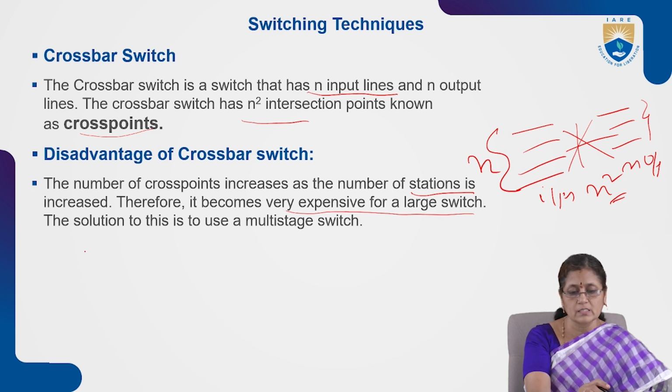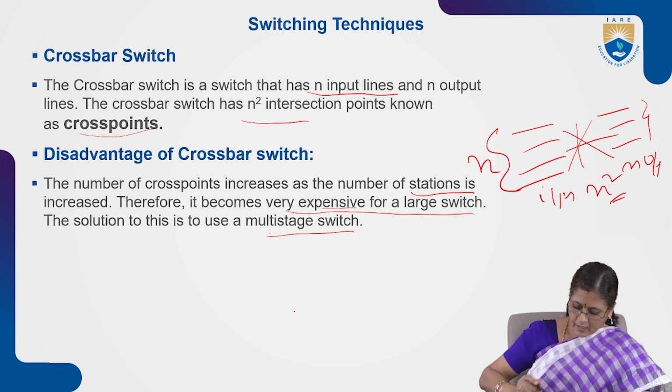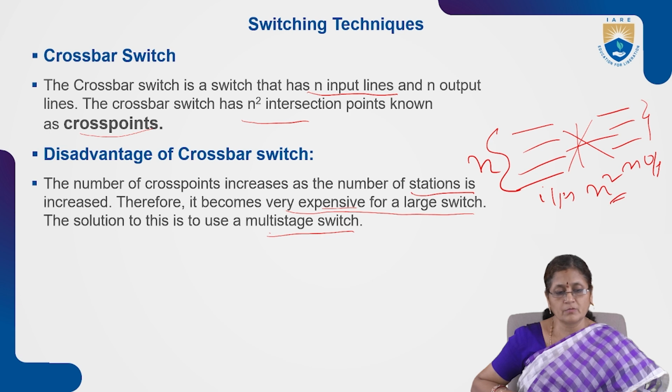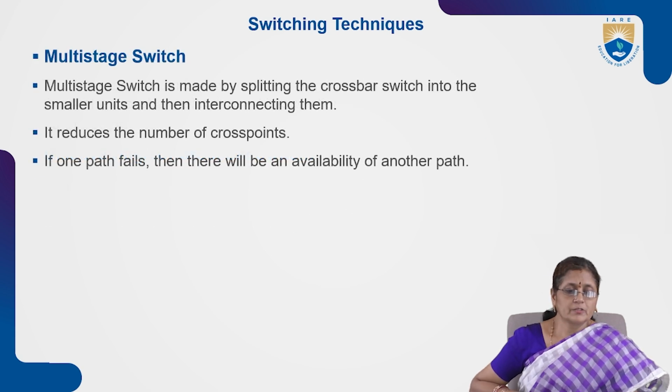So the solution for the crossbar switch is going for the multi-stage switch, to reduce the number of crosspoints, because using the same crossbar switch, the cost is more.